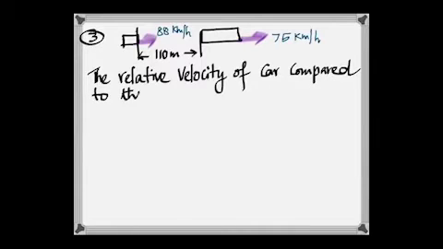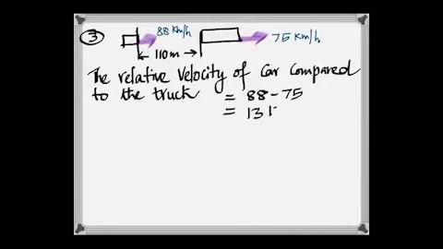So first, what you do is the relative velocity of the car compared to the truck. How fast is the car moving compared to the truck? 13. So you take 88, take away 75, you get 13 kilometers per hour.